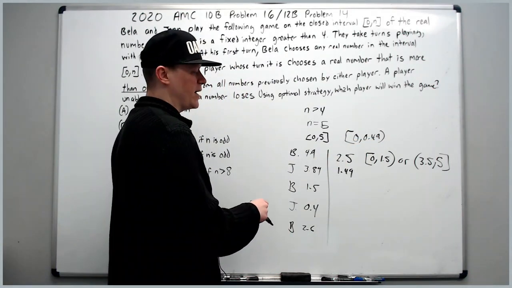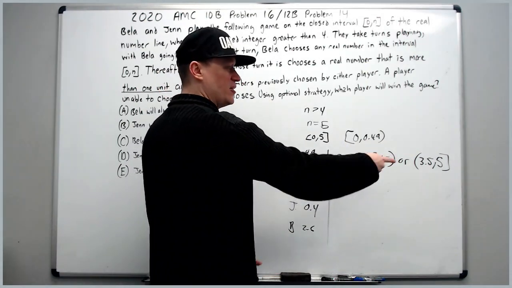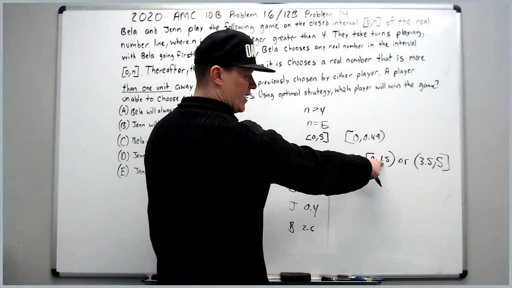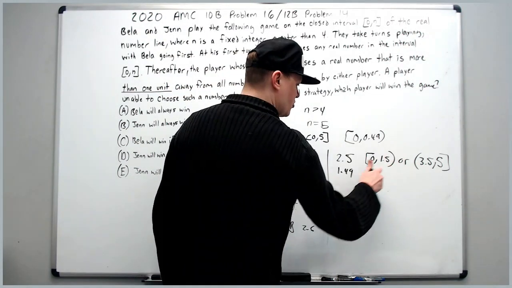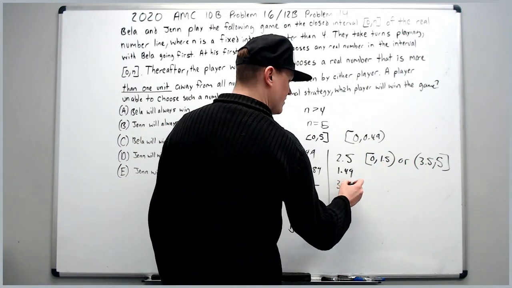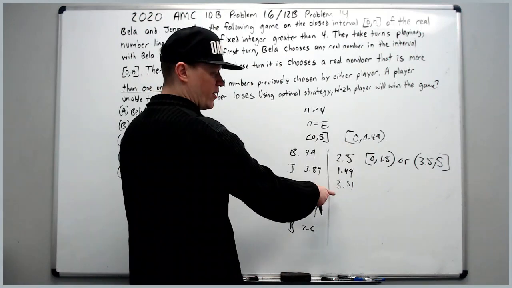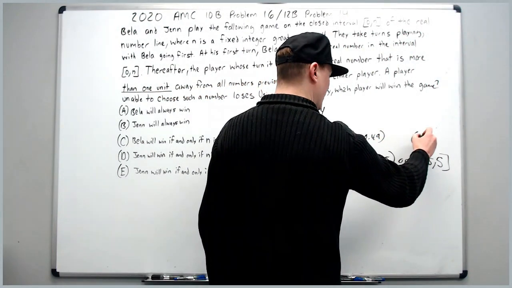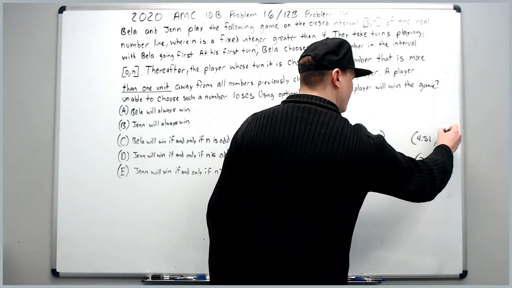Instead, what if Bella chooses the exact same value that would be the equivalent value on the other side? So if Jen chose 1.49, just 0.01 below this, Bella can choose 3.6 or 5.1, something like that, that is past 3.5. Now, this is going to leave an interval of 4.51 to 5.